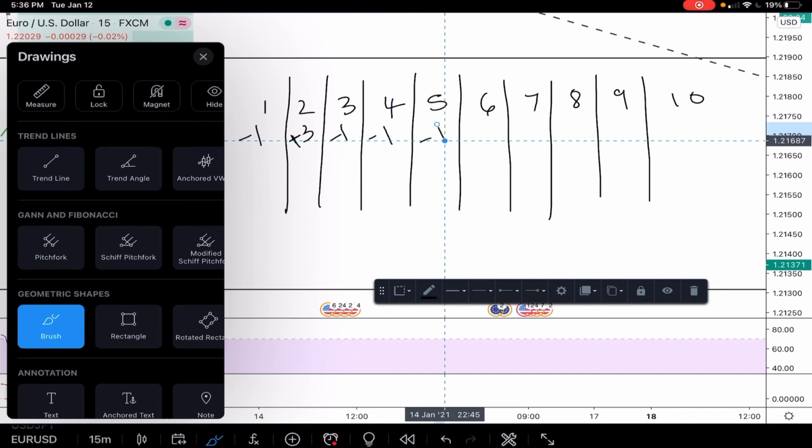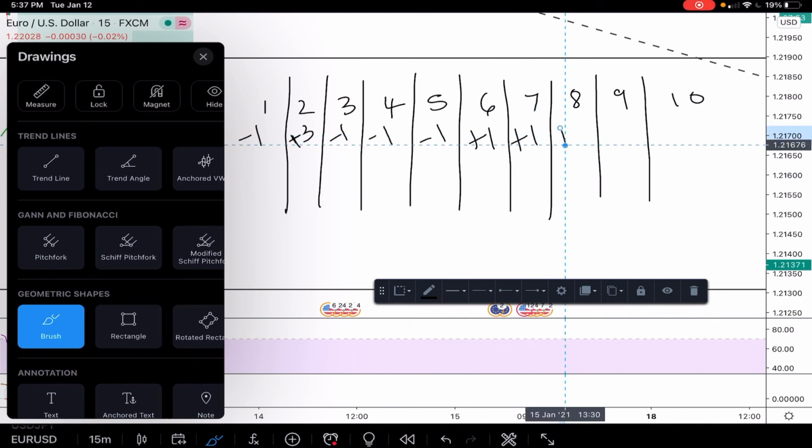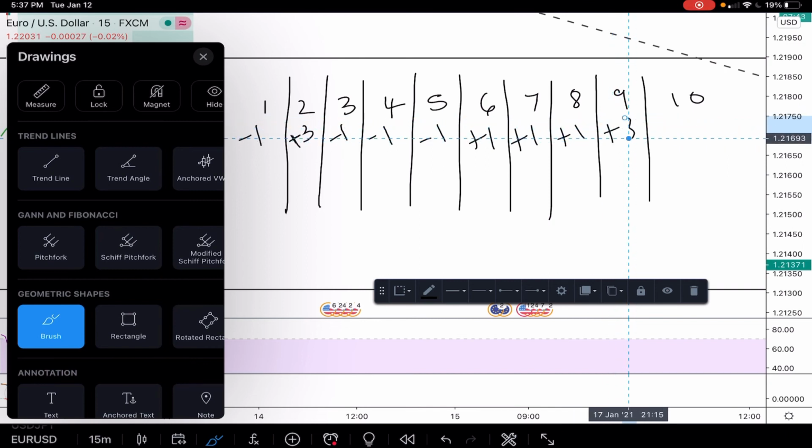Lose another on your fifth. Win 1% on your sixth. Win another 1% on your seventh. Win another 1% on your eighth. Win 3% on your ninth. And then lose 1% on your 10th.